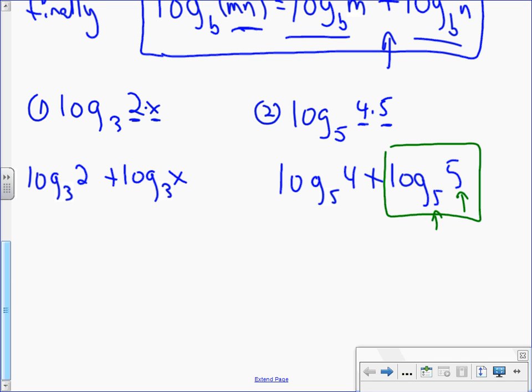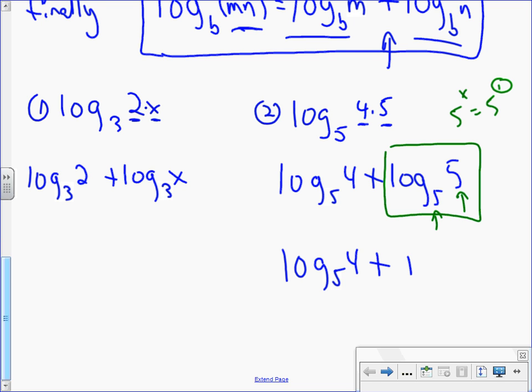So our little think step is 5 to the what is equal to 5 to the 1. So what does all of this green stuff equal? This equals 1. So this is going to be a piece that pops up every now and again when you're working with logs, and you want to kind of recognize it. Log base 5 of 5 is 1. Log base 6 of 6 is 1. Log base 7 of 7 is 1.